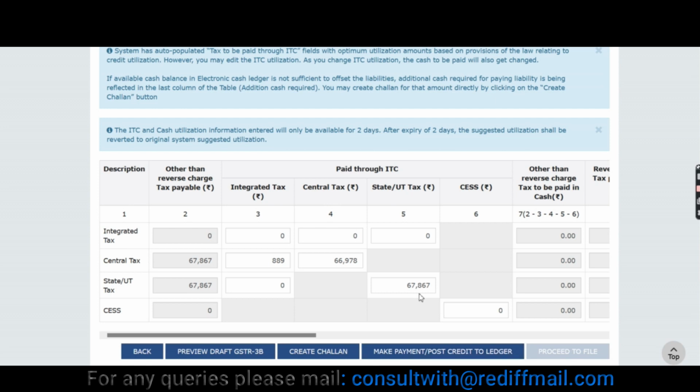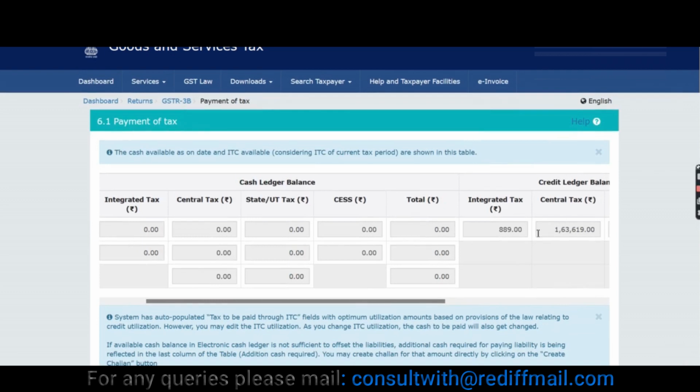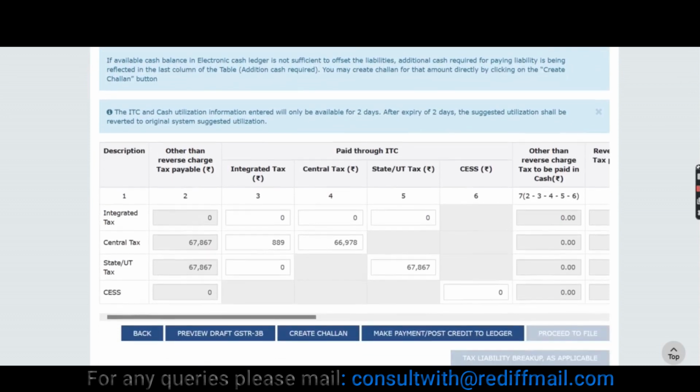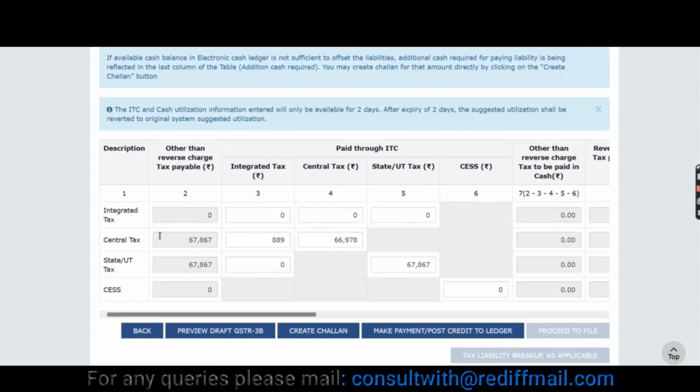So the balance part of IGST can be utilized. You can adjust this part with CGST payable or SGST payable in any order.